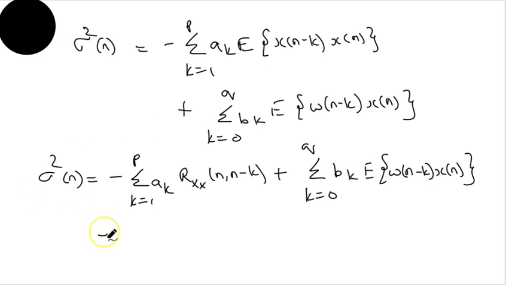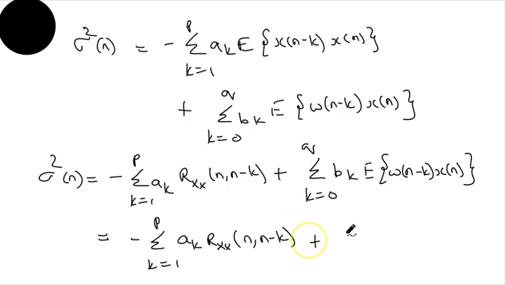Therefore, this function gives me minus summation k equals 1 to p ak rxx of n comma n minus k, plus summation k equal to 0 to q bk, I have a cross correlation over here, rxw of n comma n minus k.